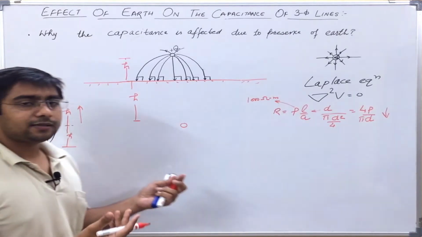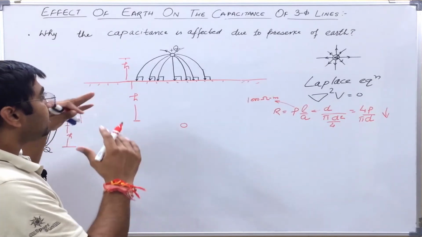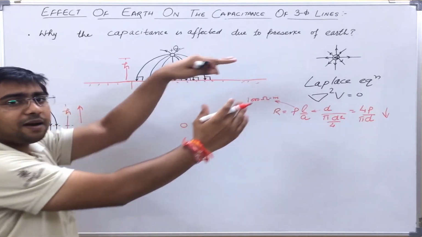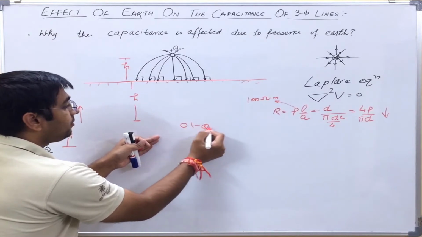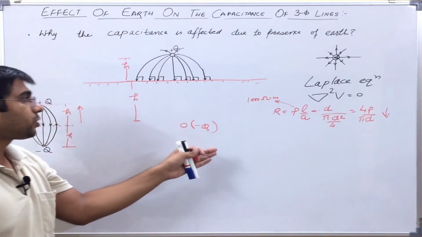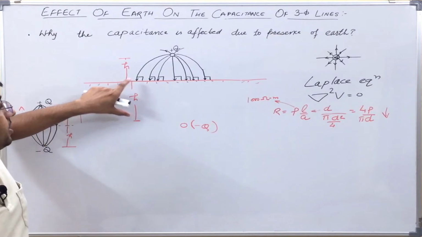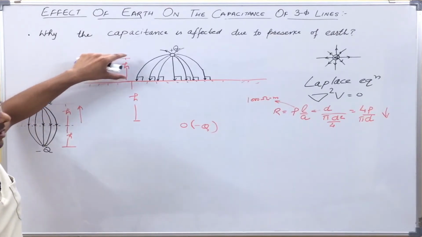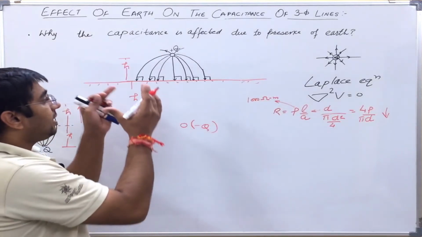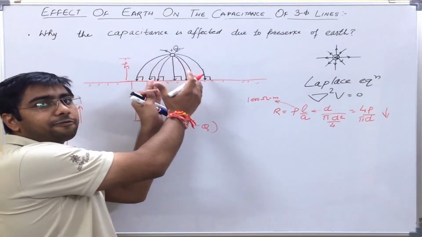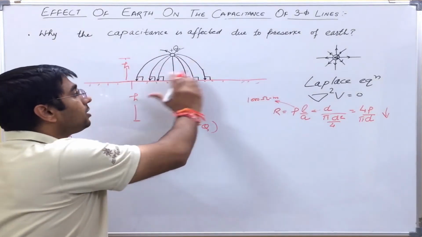So it means that if I remove this plane and put an image charge exactly below with a charge minus Q and at the same distance as the plus charge, then I will get the same electric field line pattern above the plane.